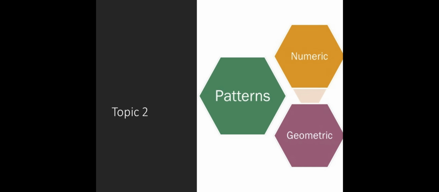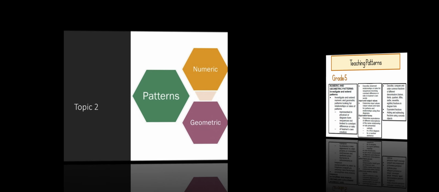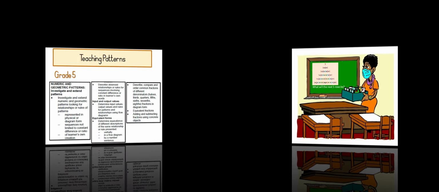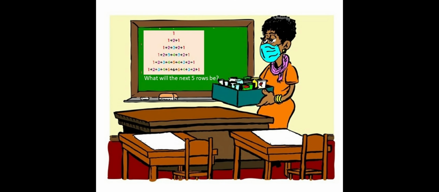The second topic we will consider in this workshop is numeric and geometric patterns. This topic is not included in the revised maths curriculum for grade 4. The grade 5 plan caters for teaching of patterns as part of the algebraic topic in the third term. Specifically, 6 hours have been allocated to the teaching of patterns in week 4.